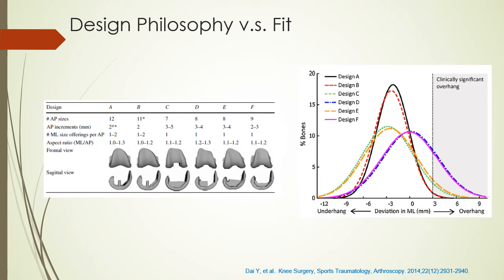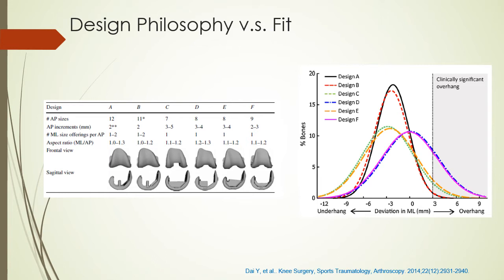As you can see in the right image, it is a measurement of percentage of bones. We have a few hundred bones covering Asian and Caucasian, also both genders. From the few hundred bones, how many percentage of bones are falling in each of these categories.